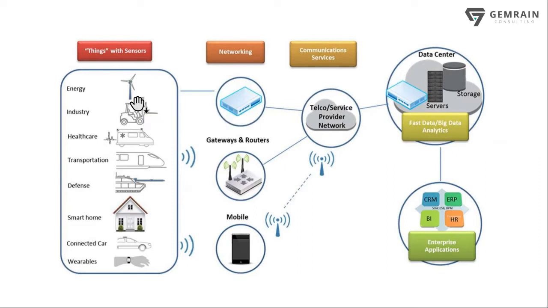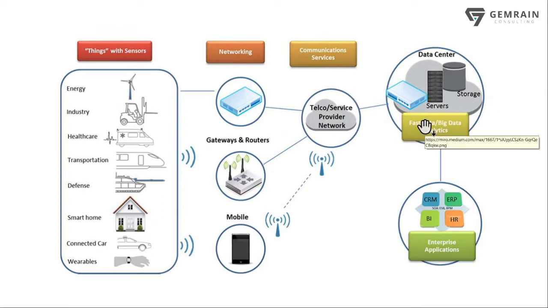We might have connected sensors to a windmill, power generation, industrial vehicles or industrial machines, healthcare, transportation like MRT, defense, smart home, home automation, autonomous cars, connected cars, wearables, smartwatches, etc. All that data, through networking, will be sent to the network provider, and from there the data will be sent to the cloud.